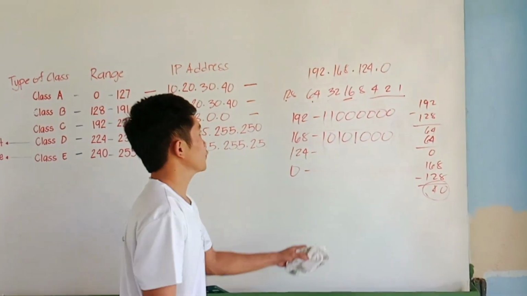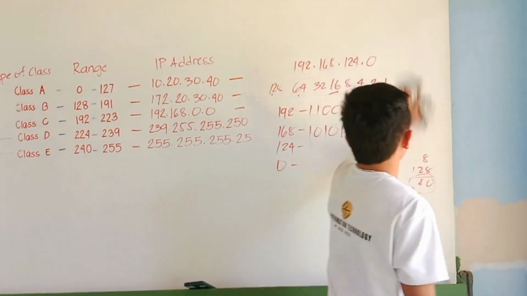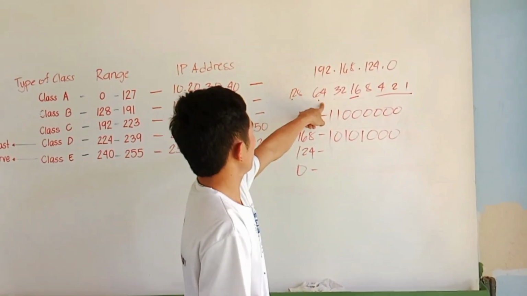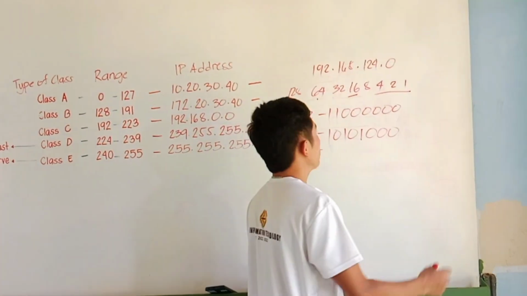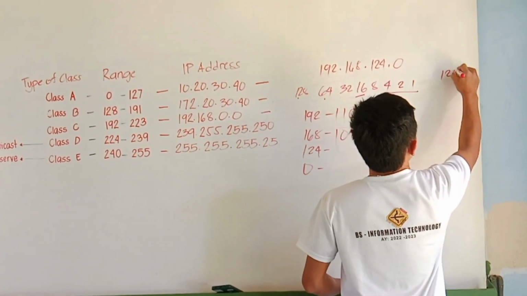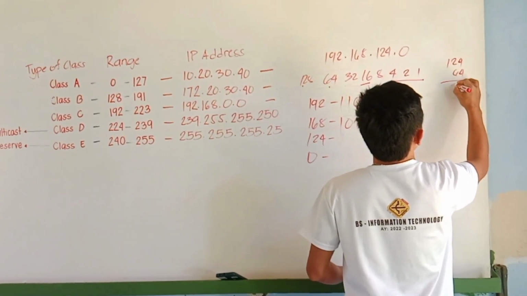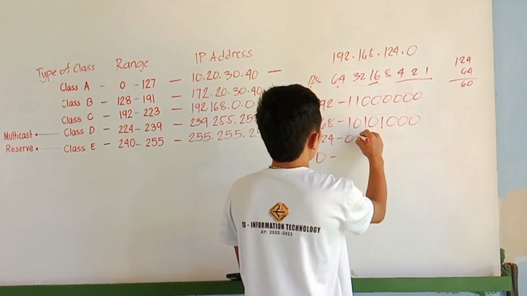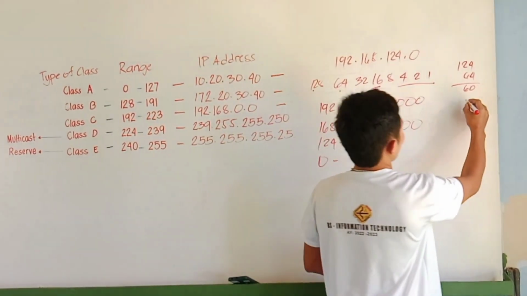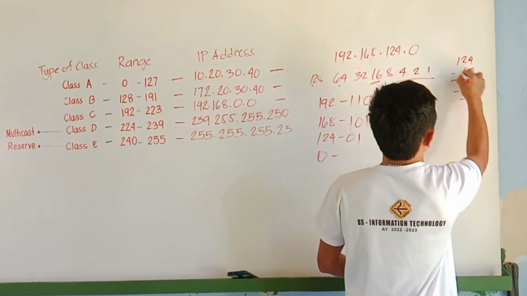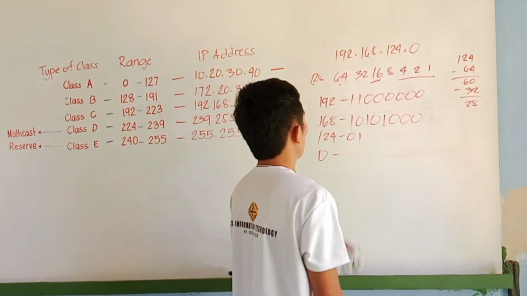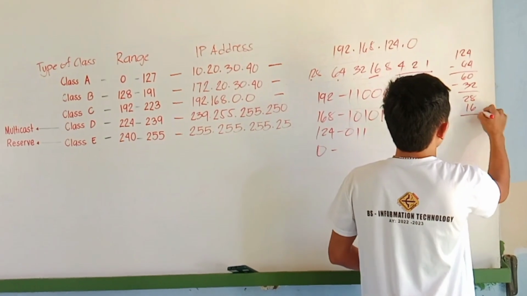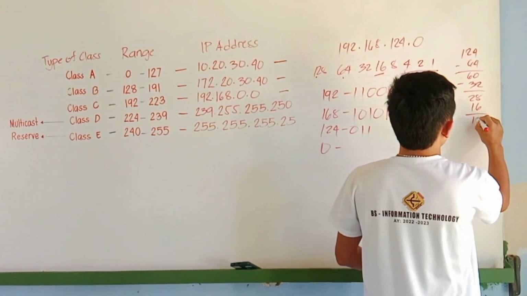And now we will proceed to 124. We are going to use the 64, which is the 7th bit. So 124 minus 64 is equal to 60. So we put 0 for the 128, then 1 for 64. Then 60 minus 32 is equal to 28. So we put again 1 for the 32. Then 28 minus 16 is equal to 12.